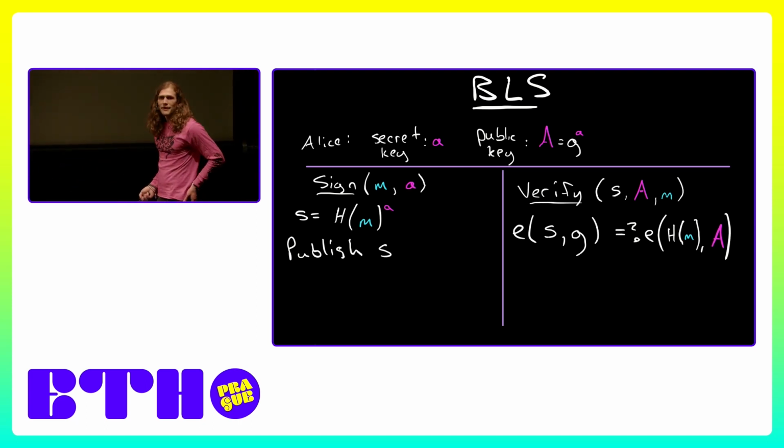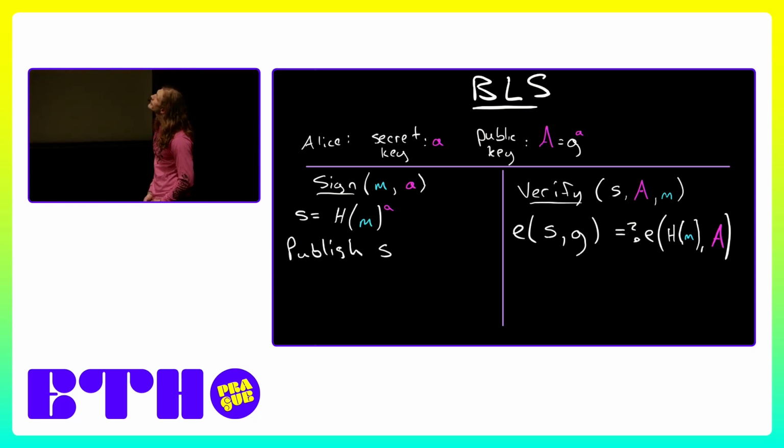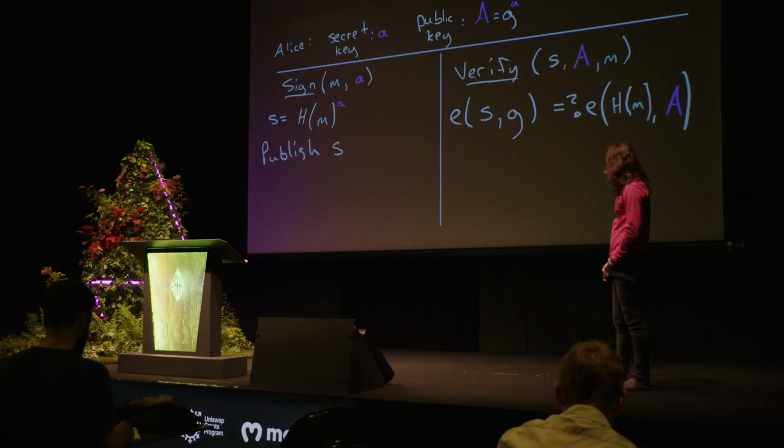So with our new fancy math tool in hand, we're going to create some secret sauce. We do a new, even simpler signature scheme, and we say, sign a message, hash it and exponentiate it, send it. And the verifier just says, OK, so does this pairing equal that pairing?